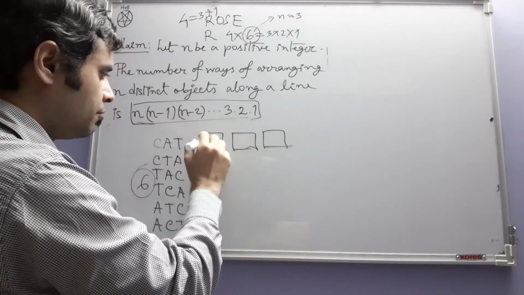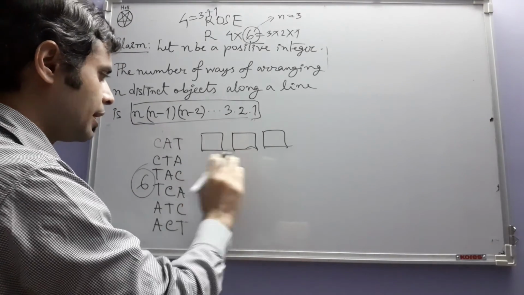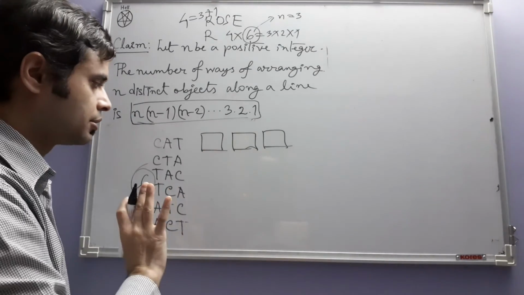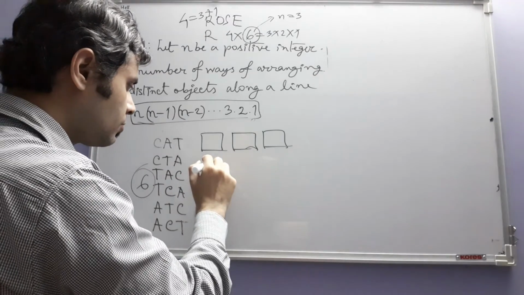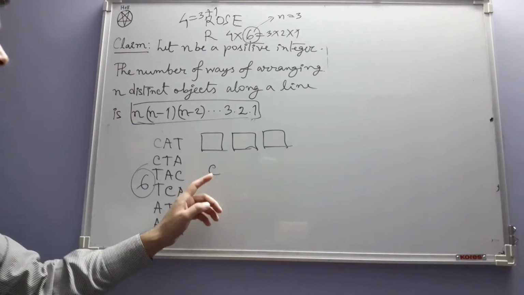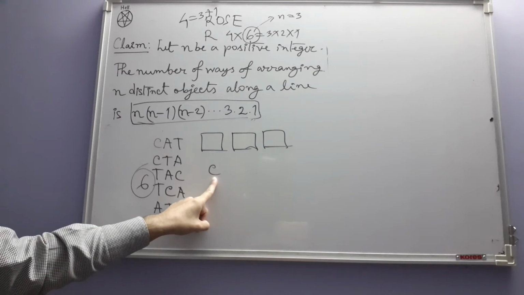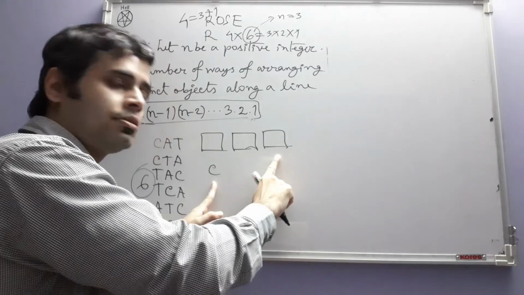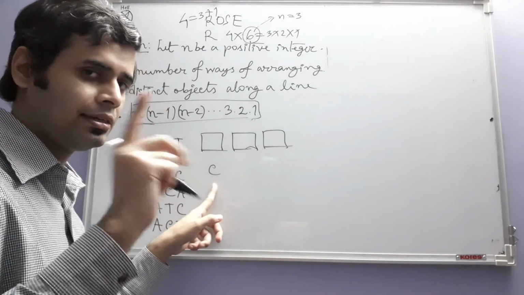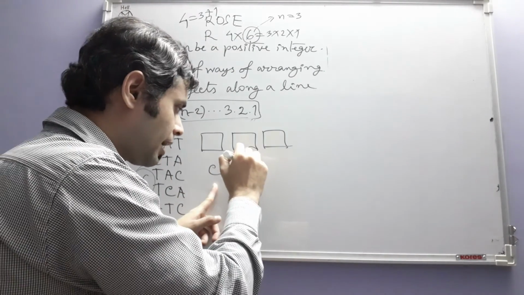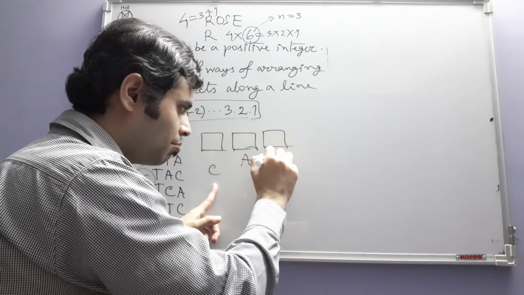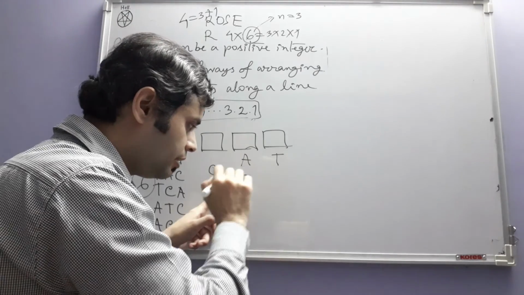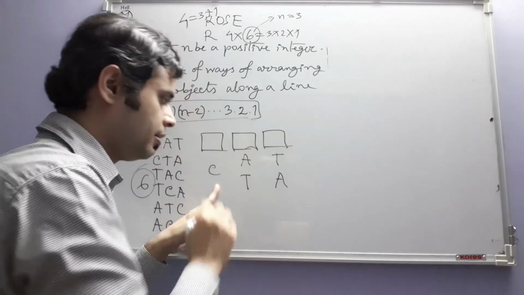You see, we can put letters here, either C or A or T, in each of these places. Now, if I write C here, I am left with two possibilities for the remaining two places, A and T. If I write A here, I am bound to write T here. But if I write T here, I have to write A here.